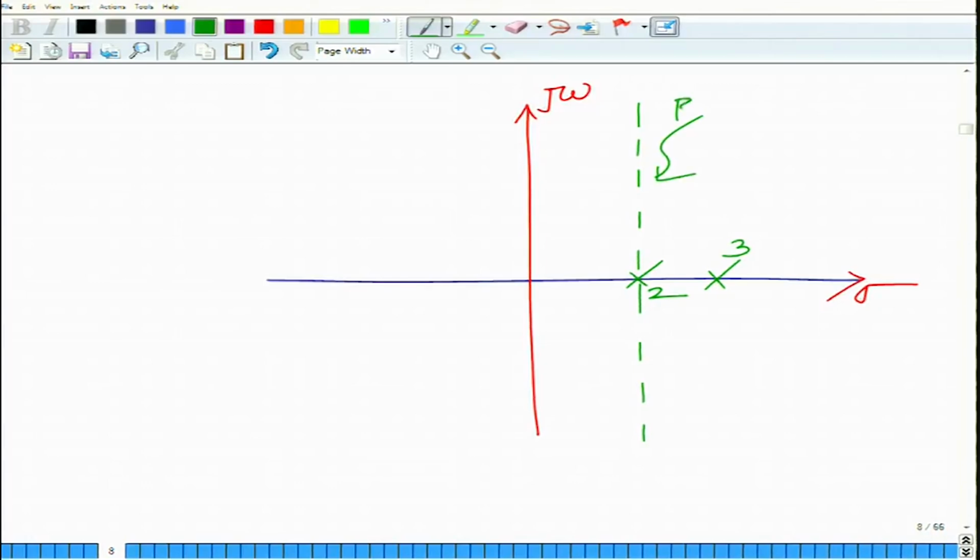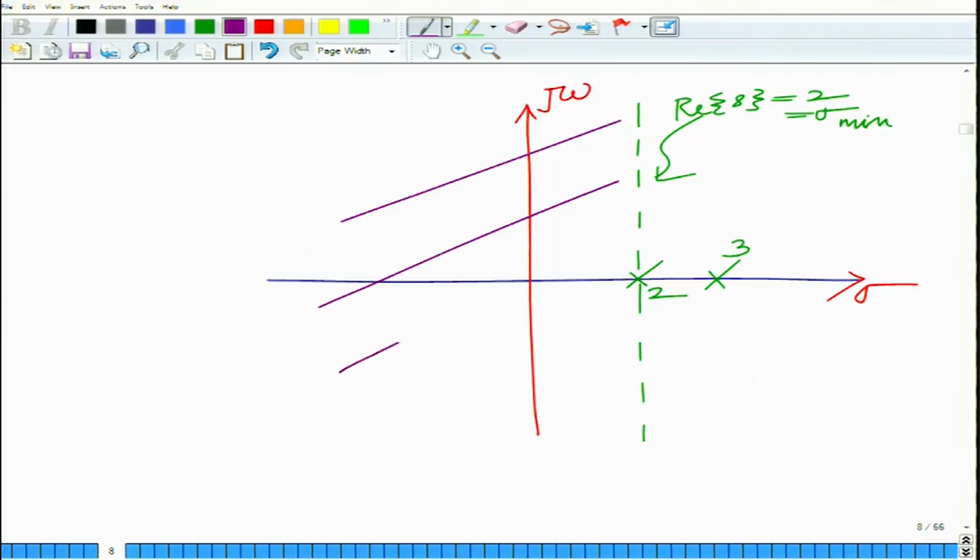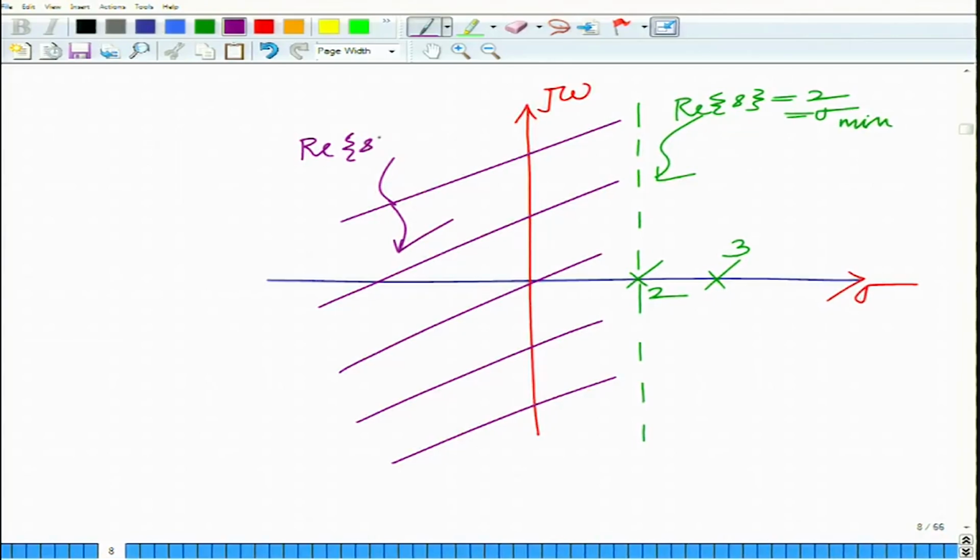This is the line real part of S equals 2, that is sigma min, and ROC is to the left of this, that is real part of S less than 2. You can see ROC has to lie to the left of all the poles of X of S.